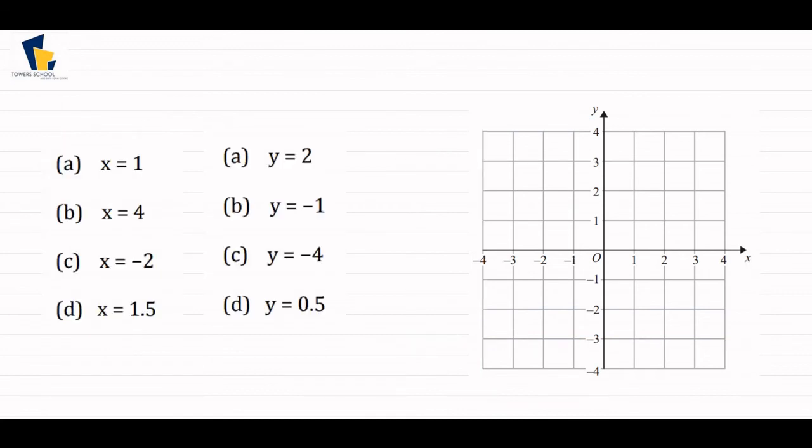So for these following lines, I'd like you to draw them on this axis for me. So remember, because these are x, they are going to be vertical lines, and as these are y's, they're going to be horizontal lines. It tells us the axis we need to cross. Okay, so pause the video here, draw these lines, please.